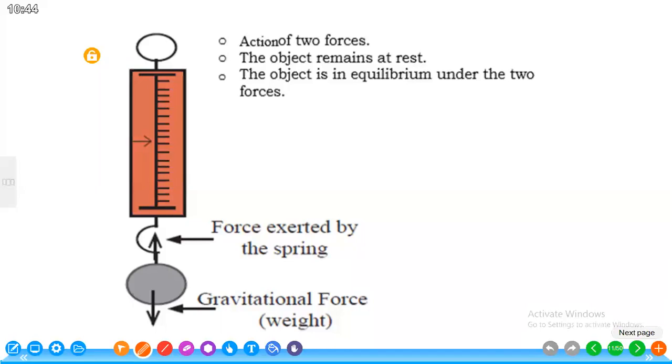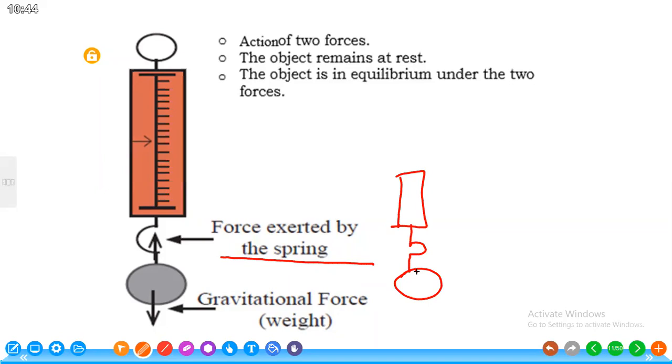What are the two forces acting in here? Force exerted by the spring. You should know about labels, like label questions. This is a spring balance, and an object is suspended on the spring balance.